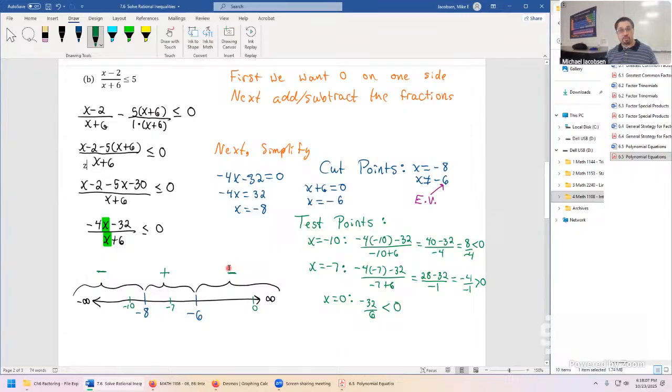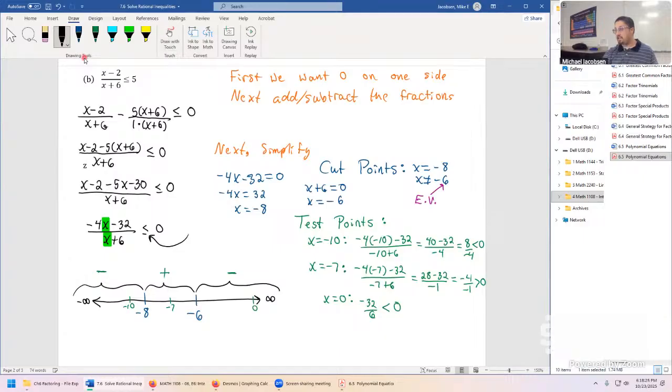At this stage, we're almost done. We just need to figure out which regions, the positives or the negatives, are going to be our solutions. We have to decide on solid dots or open circles and shade the right region. So it all comes down to this right here.